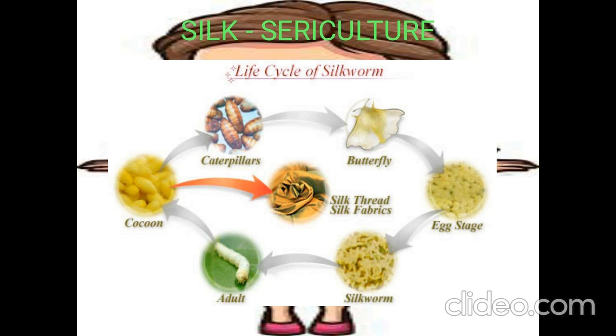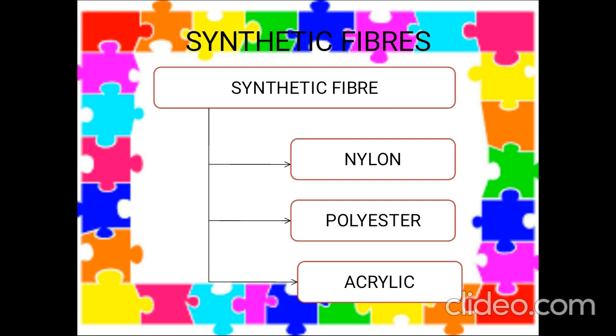In this process, the silkworms are fed with mulberry leaves for a week. Then they start to secrete a liquid from the gland present in their mouth, that is called cocoon, from which we can obtain the silk thread. In this way, we can obtain the silk thread from cocoon. Could you clear?